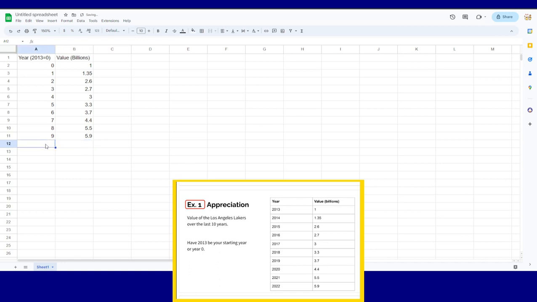So we have all of our data, starting from 2013 to 2022.